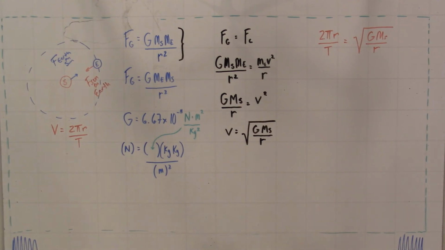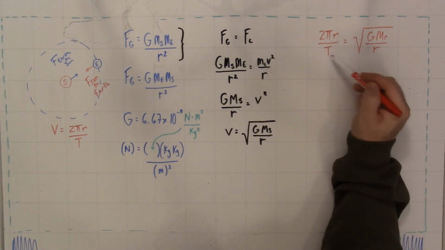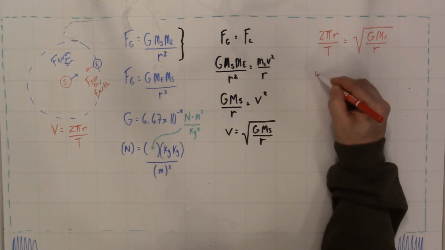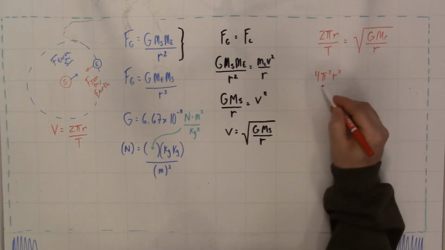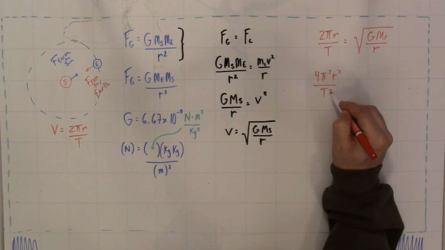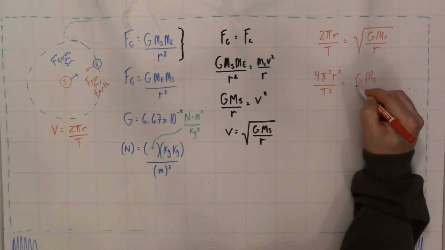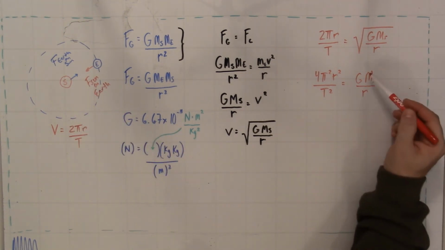Now, I'm not good at square roots, so I'm going to square both sides. That becomes a little interesting because you have to square each term. You can't just square one and hope for the best. So 2 squared is 4, pi squared is pi squared, r squared is r squared, and T squared is T squared. And that's equal to G m sun, in this case, all over r. Now we're doing this for our sun case, but this could be any central body.